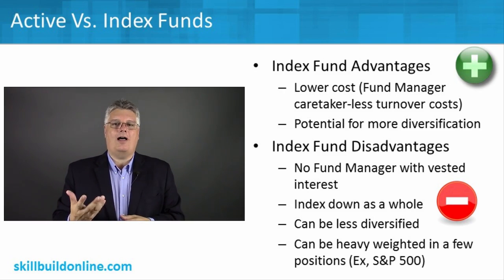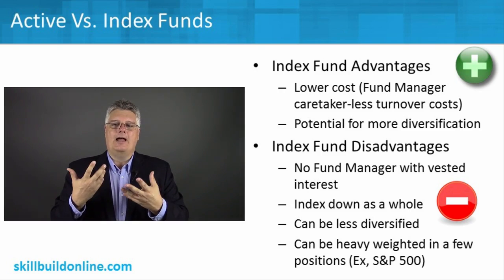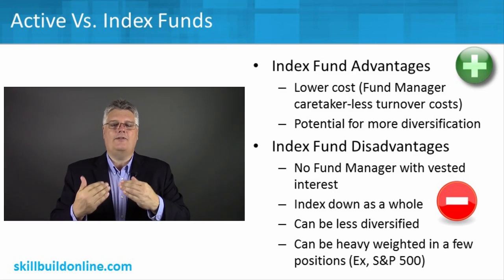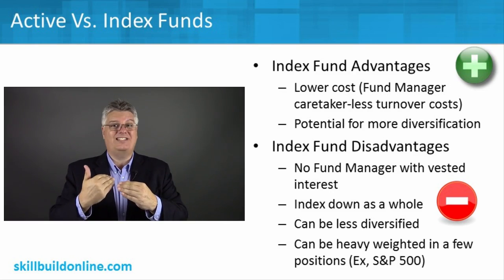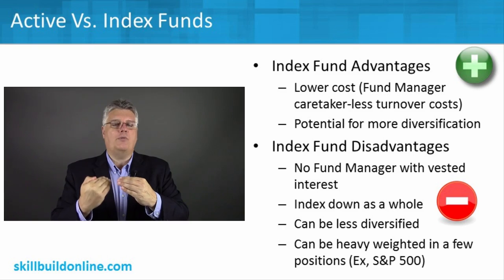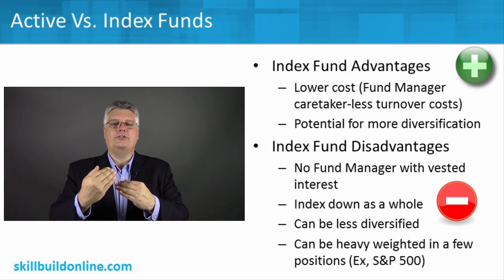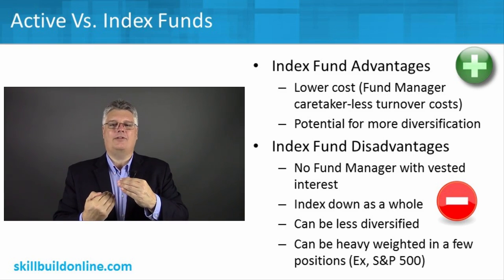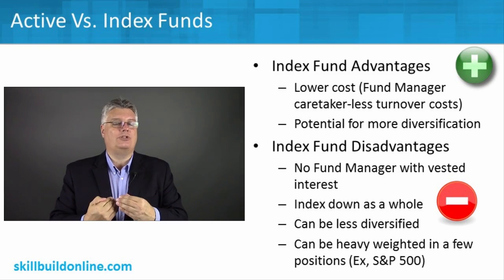With the low cost, if you have similar returns, or even if an actively managed fund actually does better than the index, which is rare, the expenses associated with it will bring it below the index. Also, actively managed funds might have more tax implications, thereby also reducing your potential return.